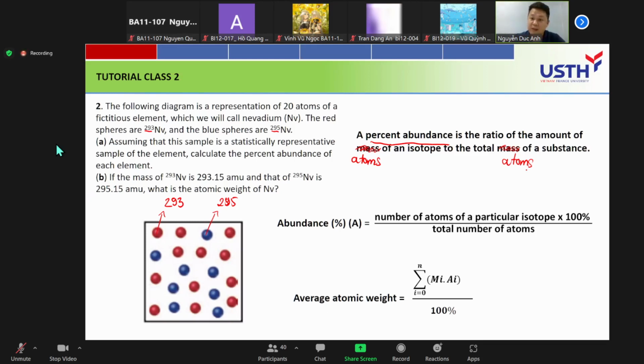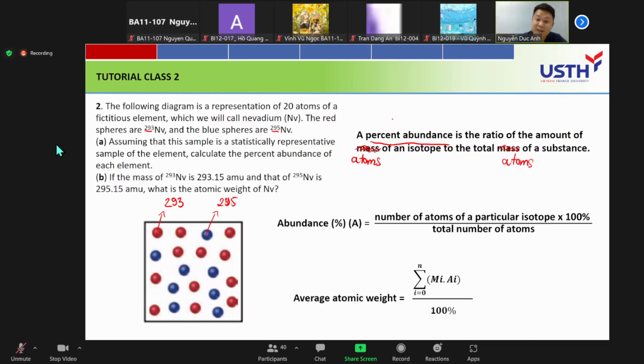So now you will see, in the total atoms of a substance, like in the square here, you have 20 atoms, right? The red ones take 12 spheres.